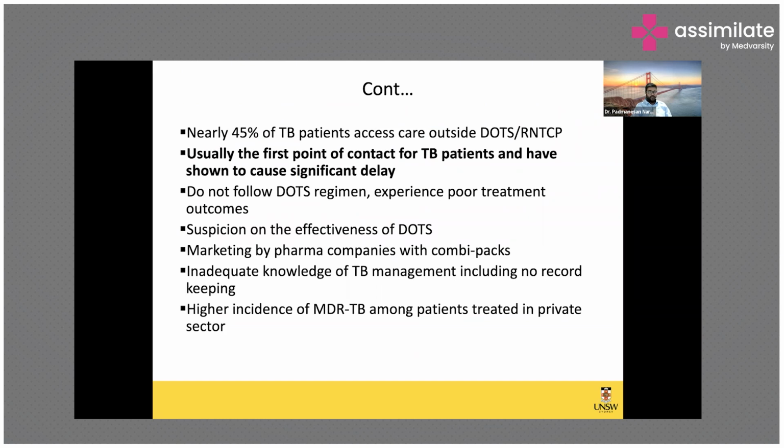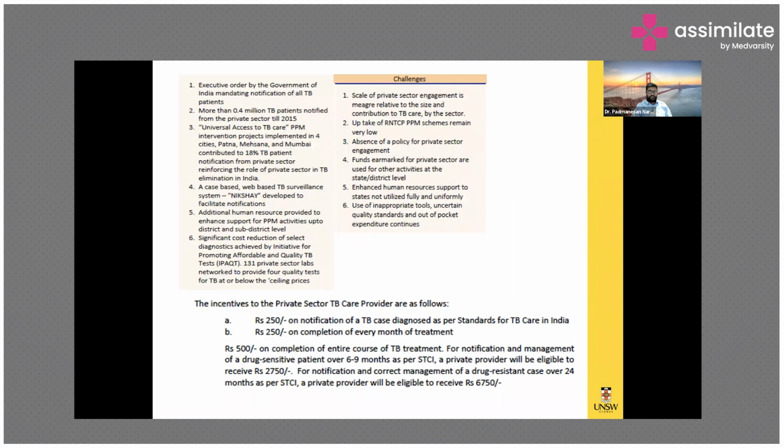Now, what is the government doing? The government is doing lots of things. First of all, they have made TB notification mandatory. That was done 4 years ago, and they brought in a new app called Nikshay, a mobile app and a web-based surveillance app. The government has also given lots of perks.